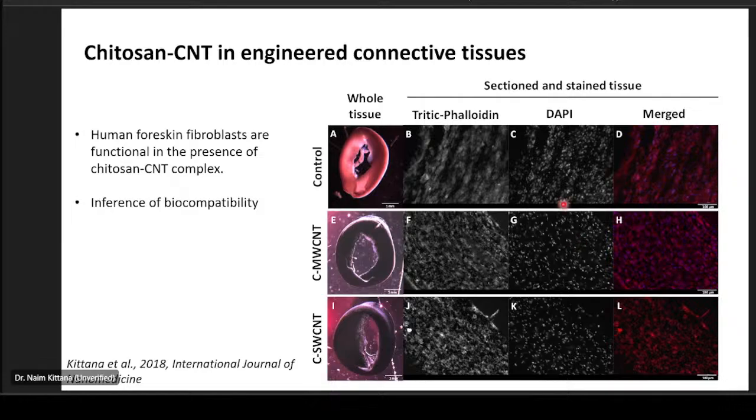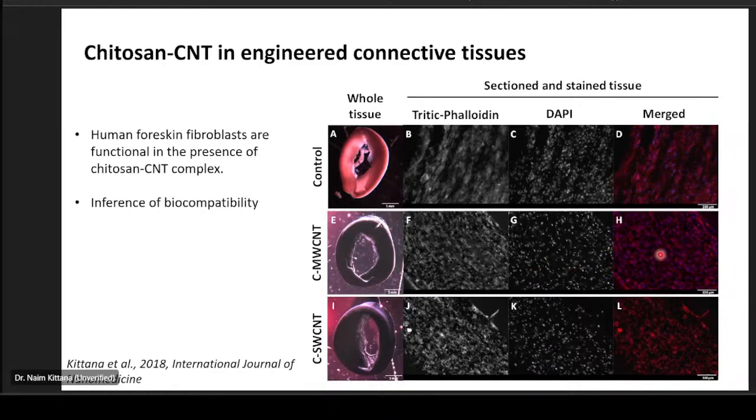We made histological analysis for the tissues by using TRITC phalloidin stain to stain the cytoskeleton of the cells, and also DAPI to stain the nuclei. And we've seen that the cells were integrated within the tissue. They were viable. They did not die due to the presence of carbon nanotubes.